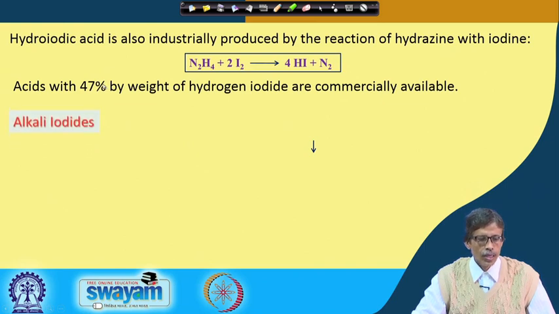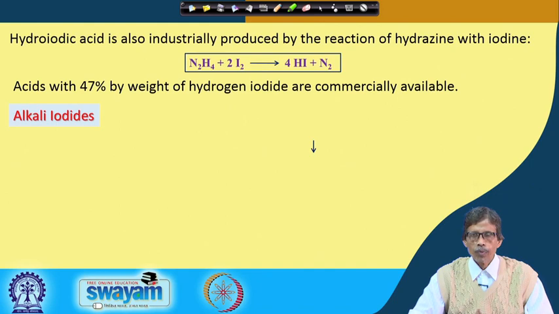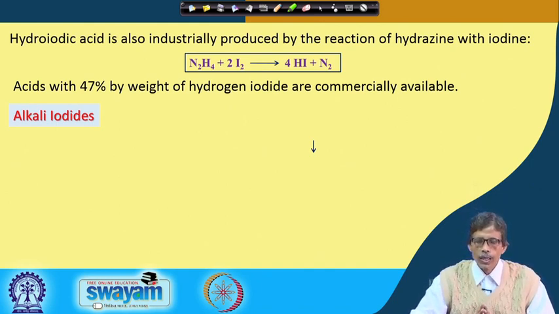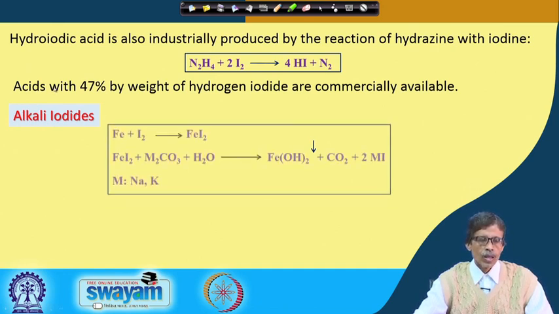Then, like your chlorate and bromate, we definitely consider the corresponding iodate also, because we are considering all the compounds side by side in every detail, whether we are able to make chlorates, bromates, as well as the corresponding iodides and iodates.